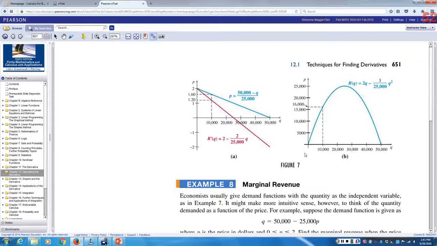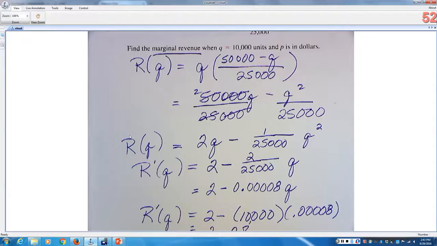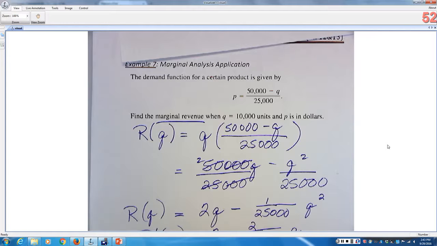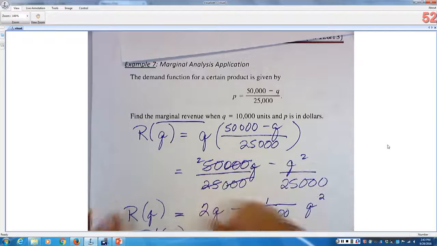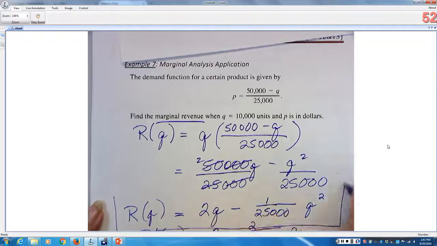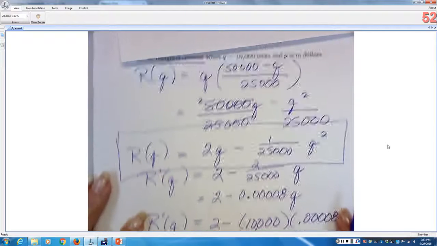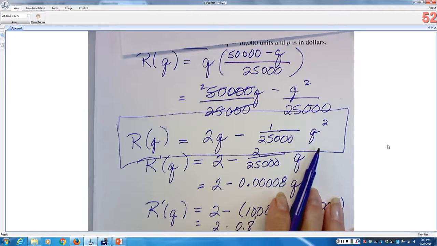Now, if you go back and you graph the original equation that we had, let me pull this back up a second so I can show you why it works the way that it does. Here's my revenue equation. Notice it's quadratic.